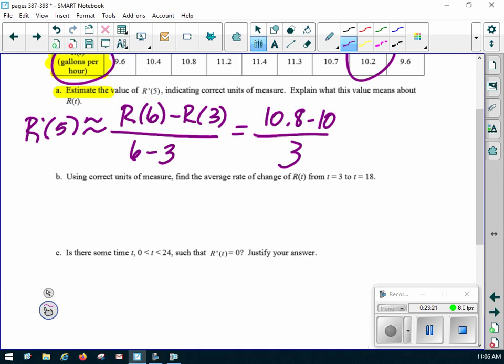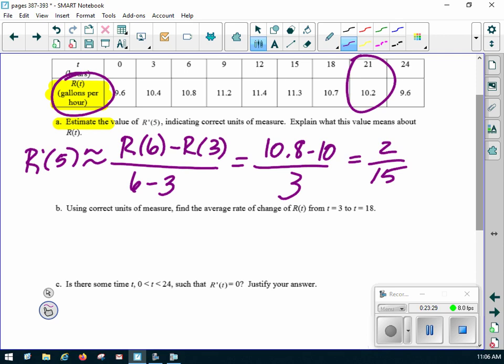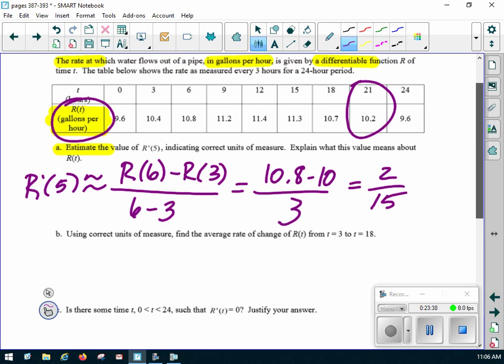Using correct units of measure, explain what this means, so it equals 2/15. At time 5 hours, the rate at which the water is flowing out of the pipe is increasing by 2/15 of a gallon per hour.